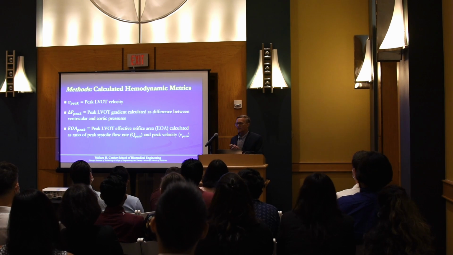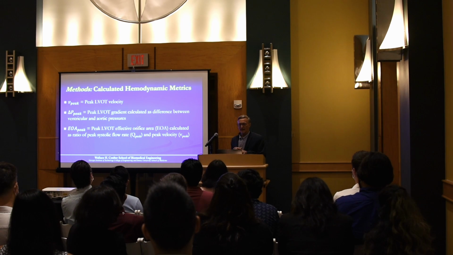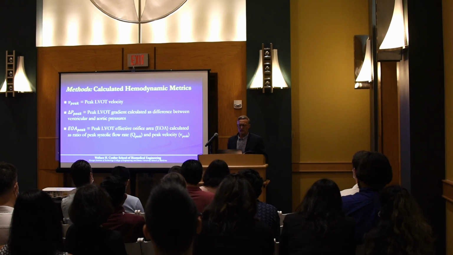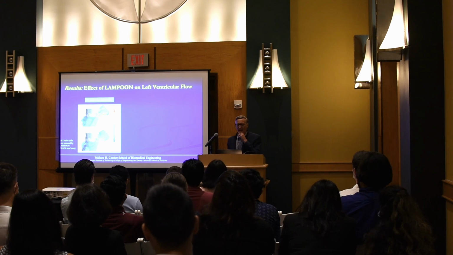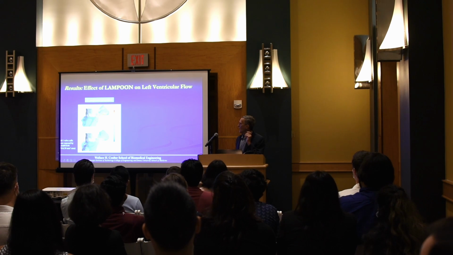So what we looked at was peak velocity, pressure gradient, and effective orifice area, which is usually used on the aortic side, but we just applied it to this side as well. Just taking a look at the streamlines and stream traces, you'll see that, as you would imagine, there's flow through these open valves.